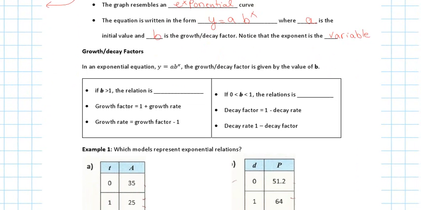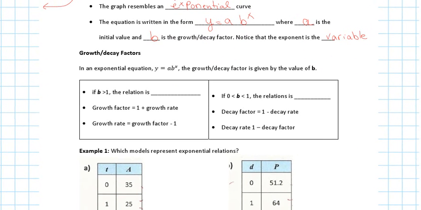Now, if b is greater than 1, the relation is growth. And remember, we talked about that before, and we said that if you have a rate, meaning a percent, and you know it's going to be growth, so it's an increase, it's going to be 1 plus i to the power of x, where the 1 plus i becomes your b, right?